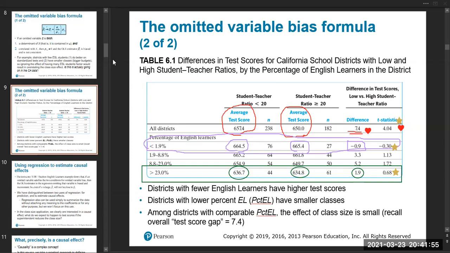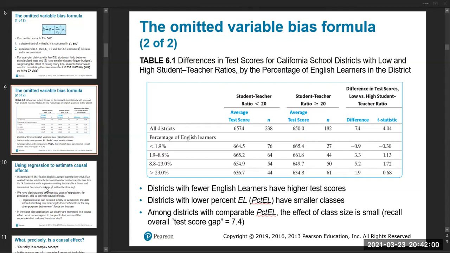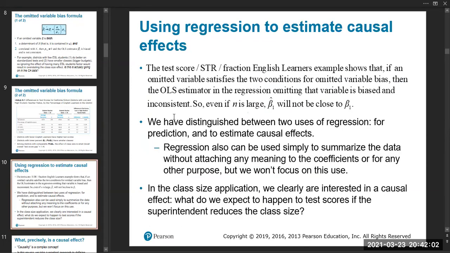So here's what we are going to do. We want to use a regression and include fraction of English learner into it so that beta 1 can be unbiased.